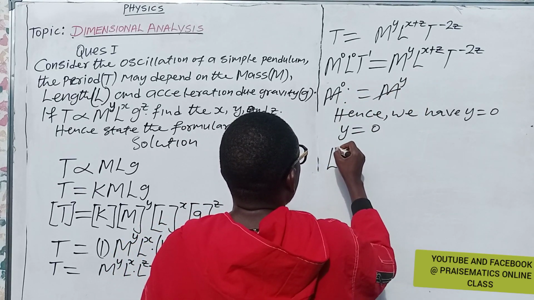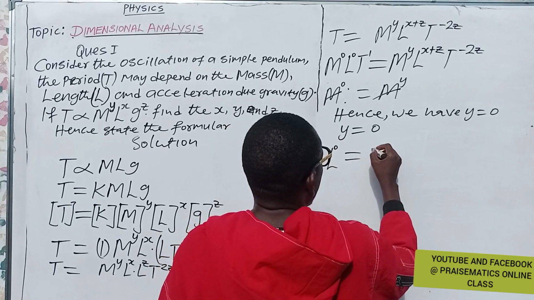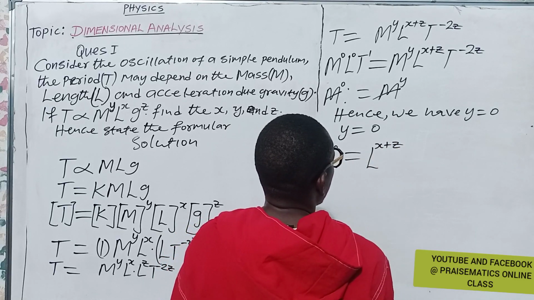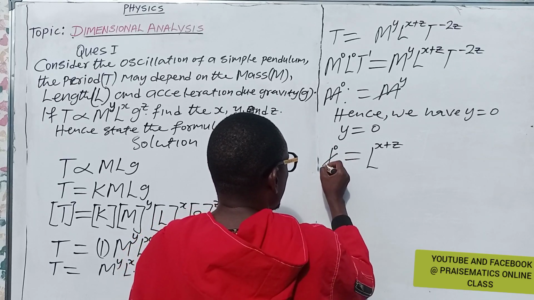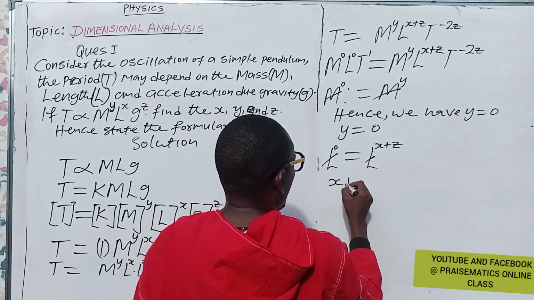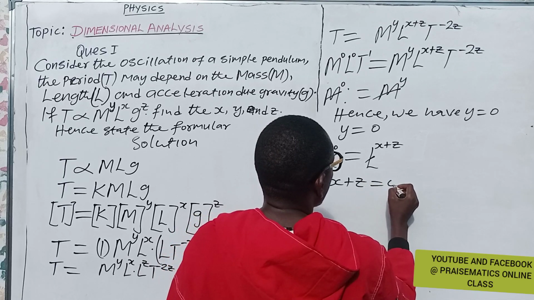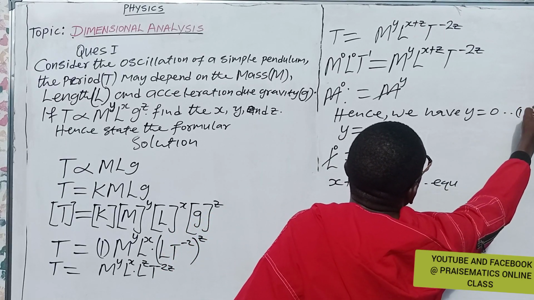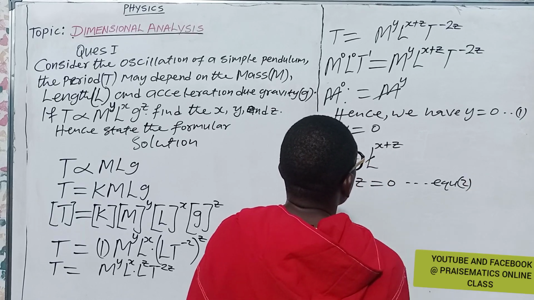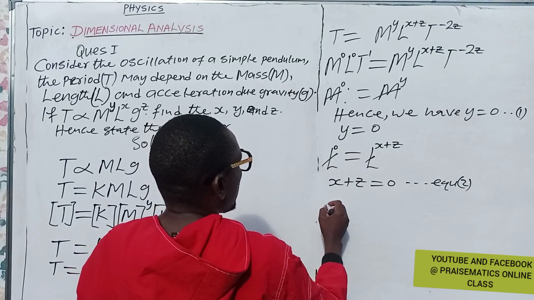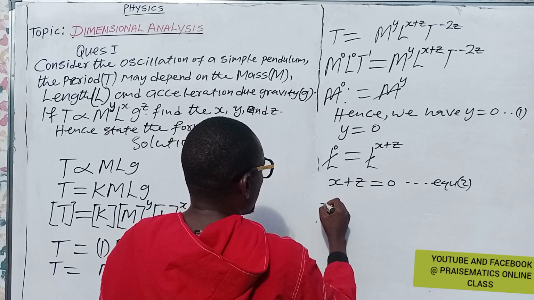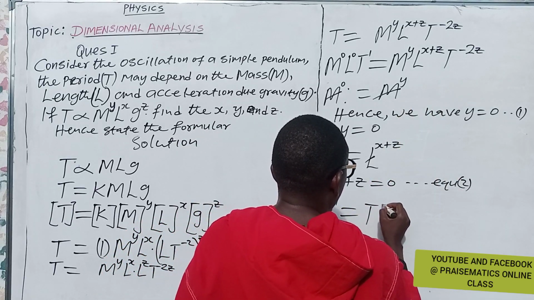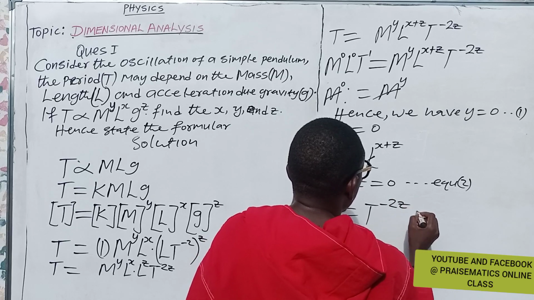Okay, now let's go to length. We have that L raised to power 0 is equal to L raised to power x plus z. So this length will cancel it. We have that x plus z is equal to 0. Call it equation 2. Let the first one be equation 1. Let's go to T raised to power 1, is it equal to T raised to power minus 2z?